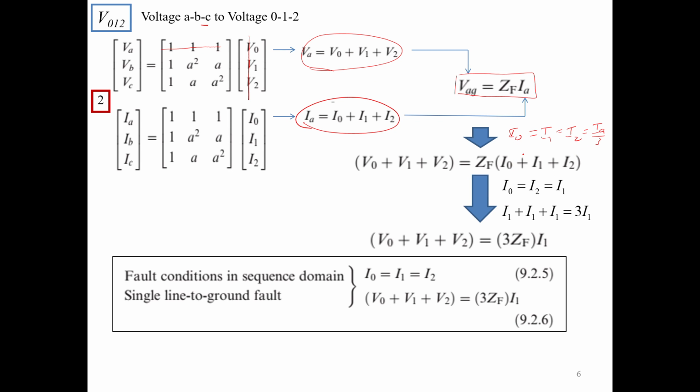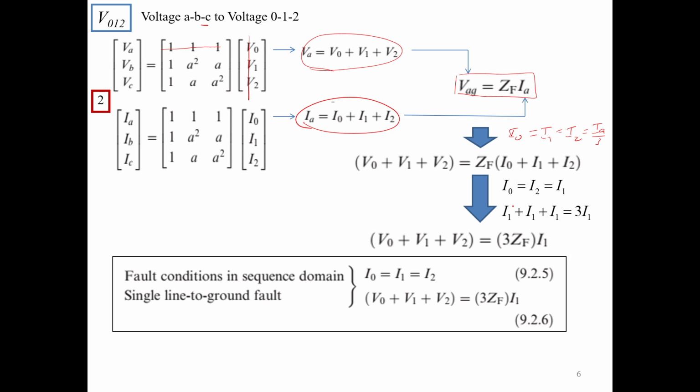So if you have the sum of these three, I0 plus I1 plus I2, we can just express this in terms of the positive sequence, because everything is the same here.